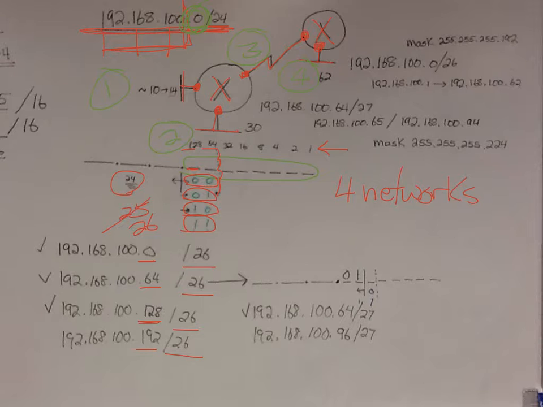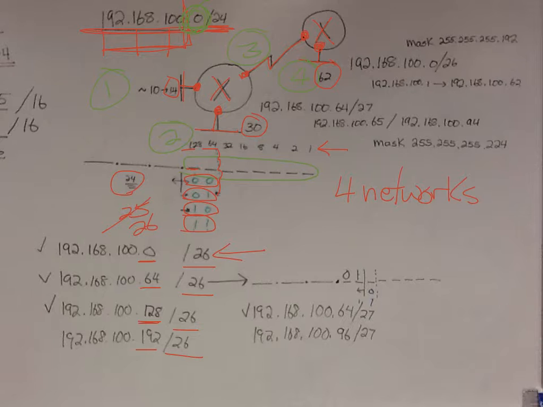Alright, so then here's what we did. I went up here and I said, okay, what if this network needs 62, this network needs 14, and this network needs 30? So we said, will this combination work? And it will.